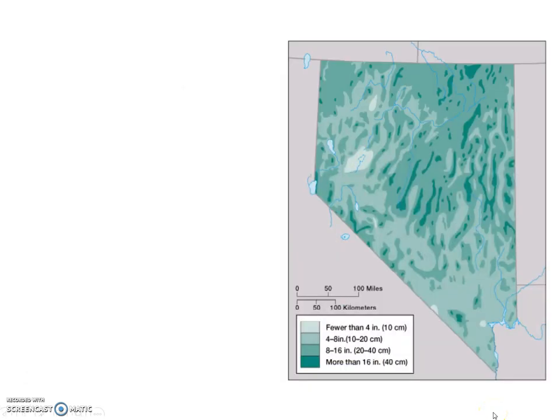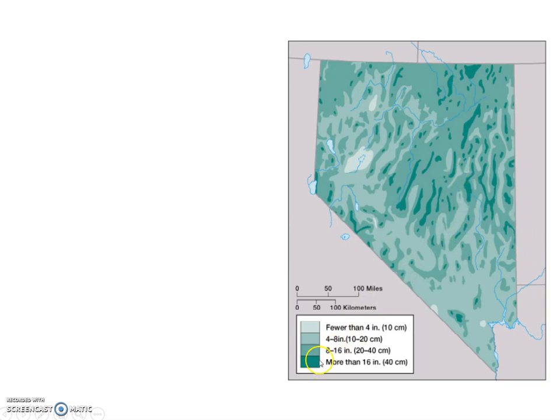Now that we understand the 4 different types of uplift, all of which can cause air to rise, cool adiabatically, and create clouds and potentially rain, let's try to analyze a particular situation. Here's an isohyet map of Nevada, essentially a map showing the rainfall distribution.